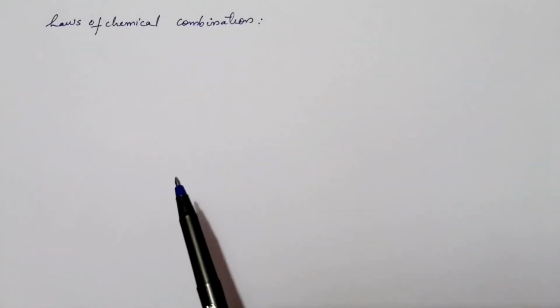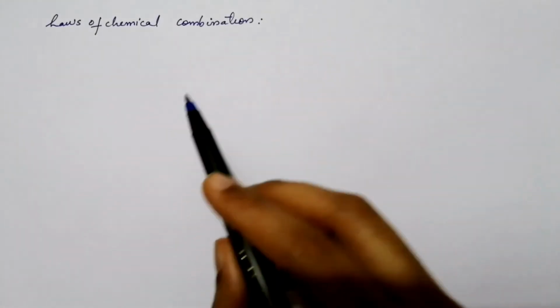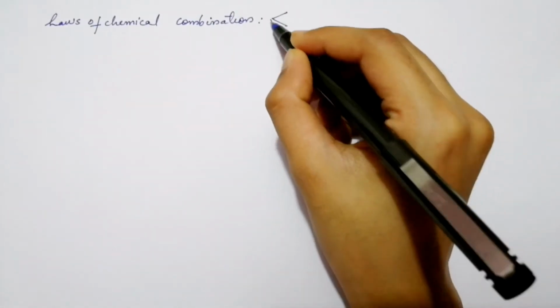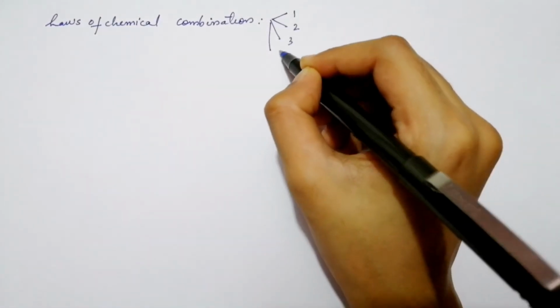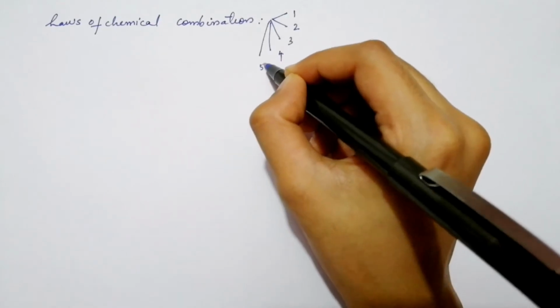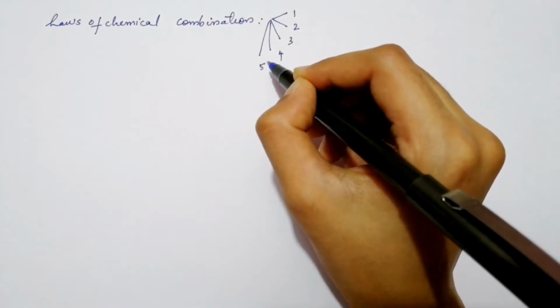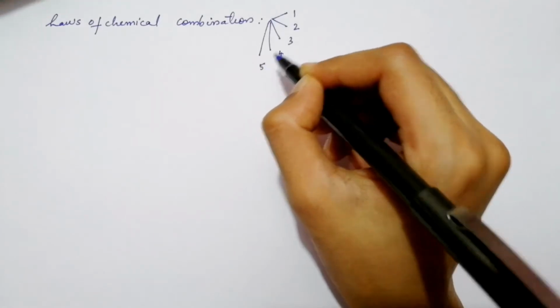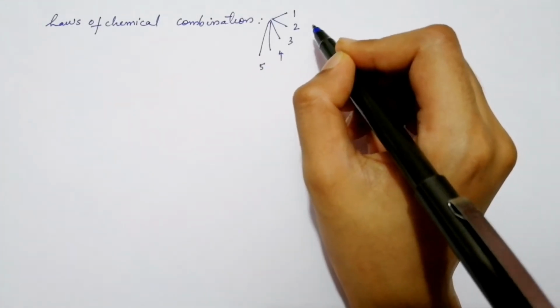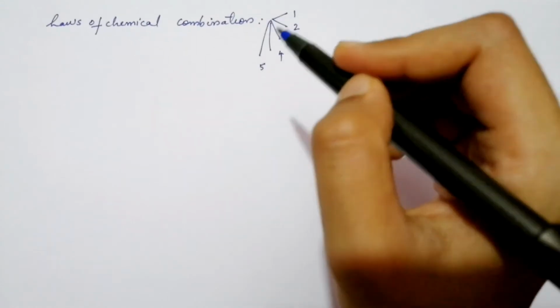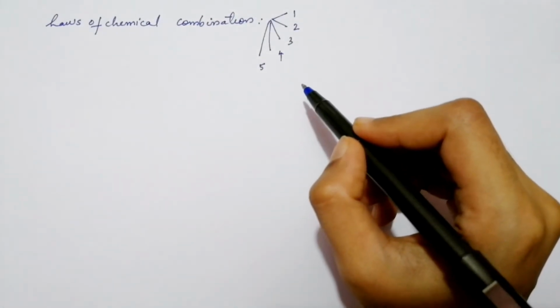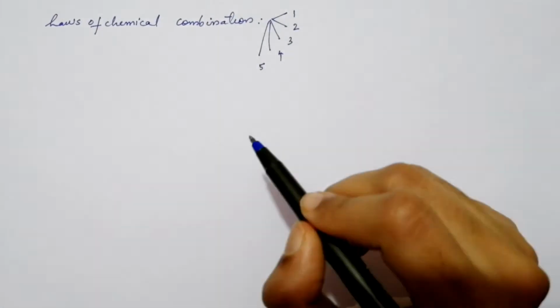We already know that there are 5 laws of chemical combination. 1, 2, 3, 4 and 5 laws of chemical combination. The first law of chemical combination is the law of conservation of mass, followed by the law of definite proportion, and then we have law of multiple proportions, then we have Gay-Lussac law of gaseous volumes, and then the last one is Avogadro's law.